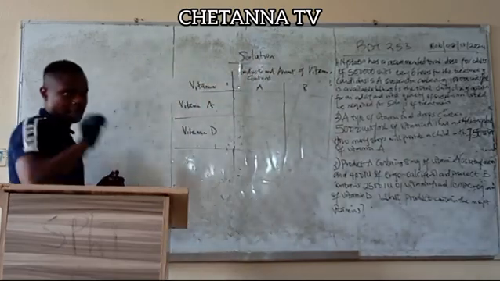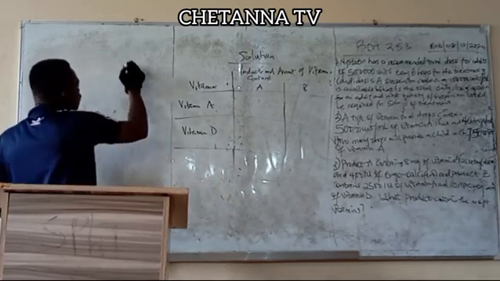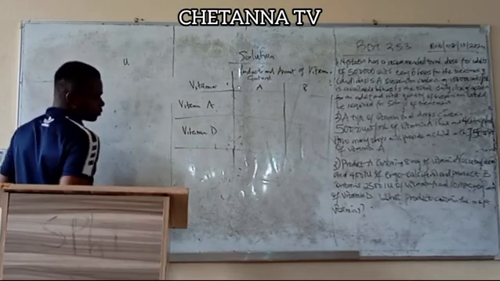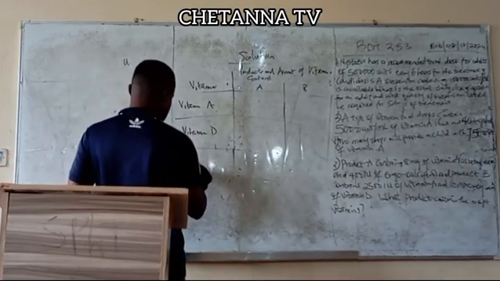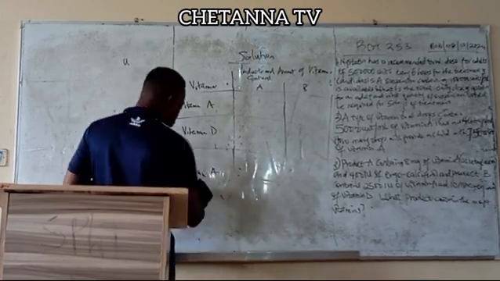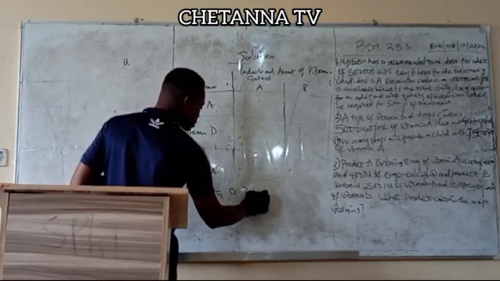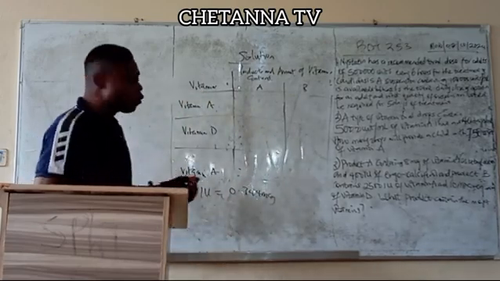But remember, for vitamin A, one IU is 0.344 microgram. But we want it in milligram.